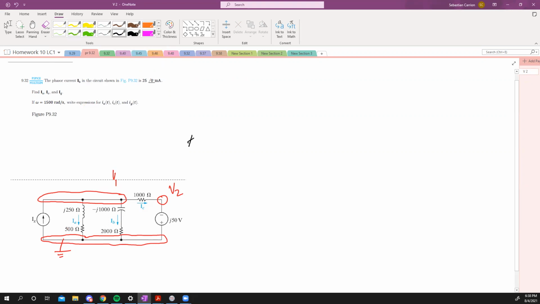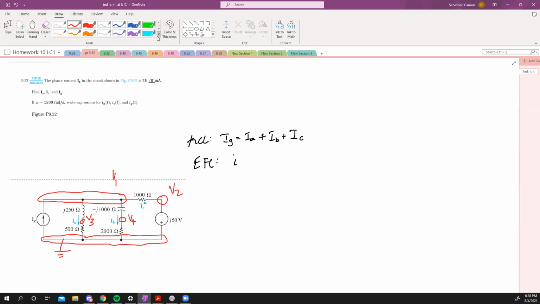KCL says IG equals IA plus IB plus IC. Oh, I forgot to label V3, and I'm going to call this V4.